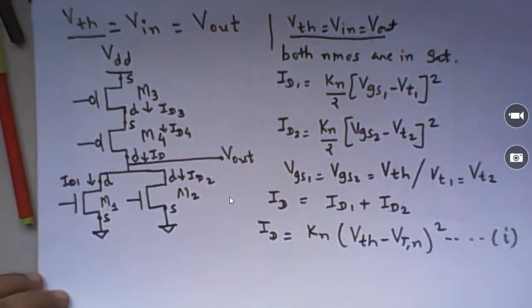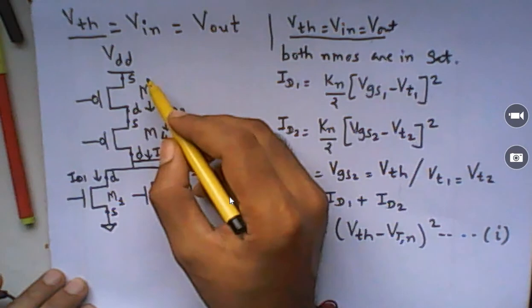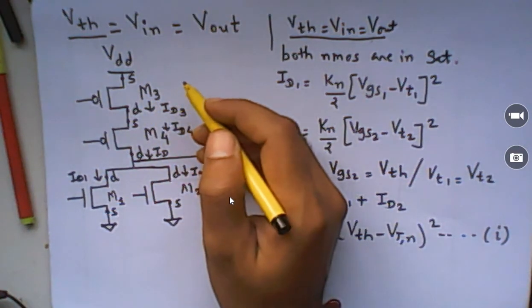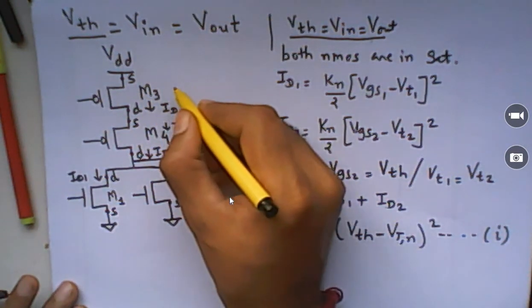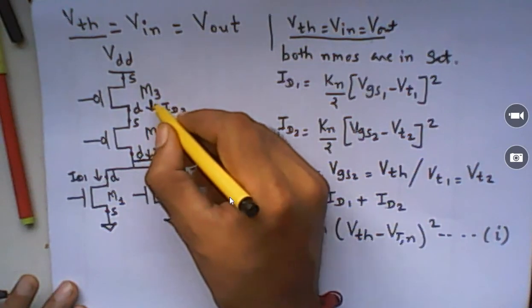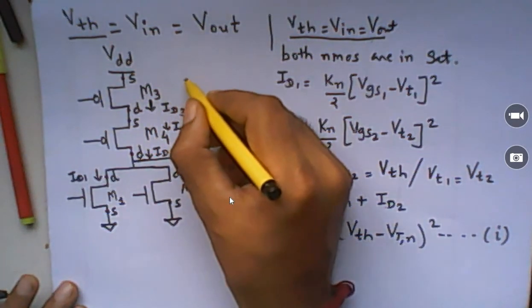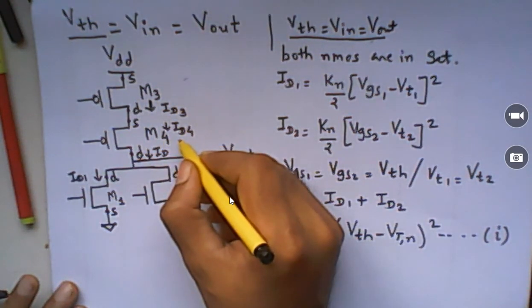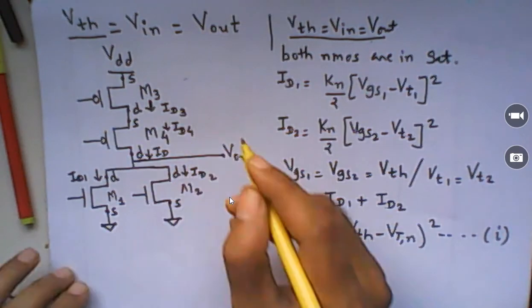Now we'll get another equation of ID current from M3 and M4, right? So when input and output are equal, M3 will operate in the linear region and M4 will operate in the saturation region, and ID is equal to ID3.